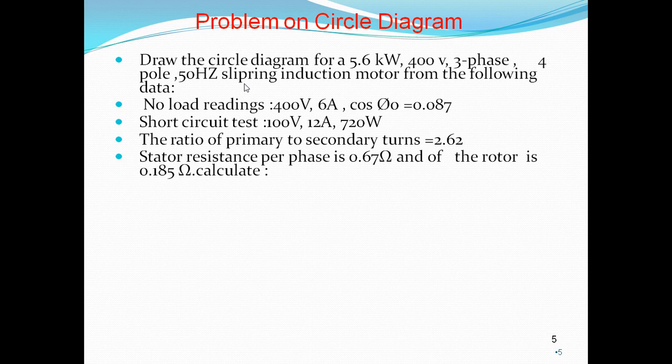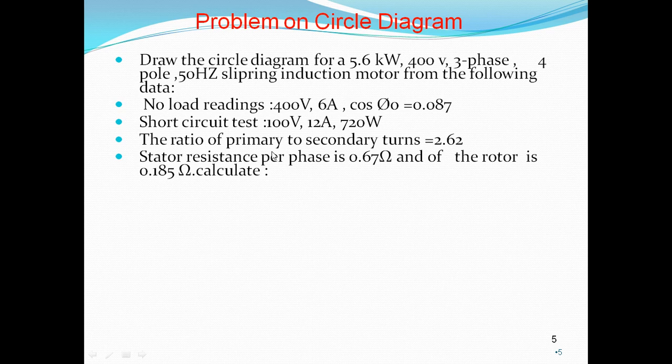No load reading: 400 volts, 6 amps, and cos phi equal to 0.087. Short circuit test: 100 volts, 12 amps, 720 watts.